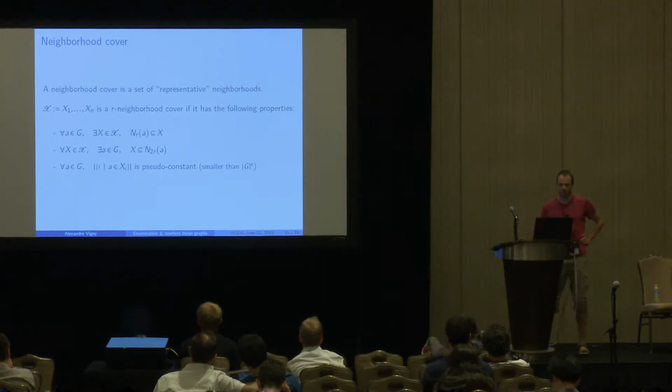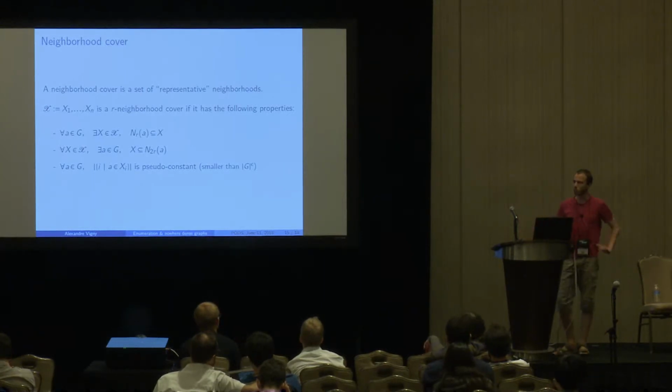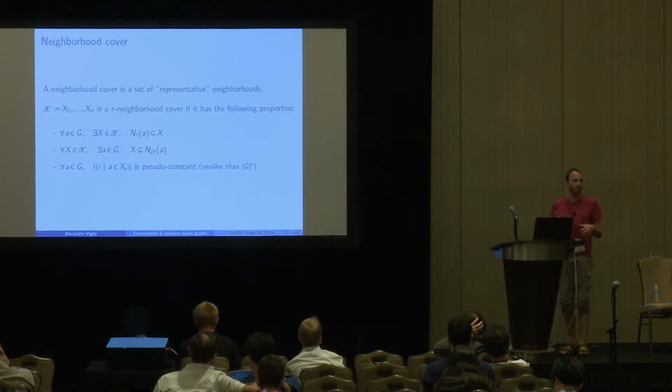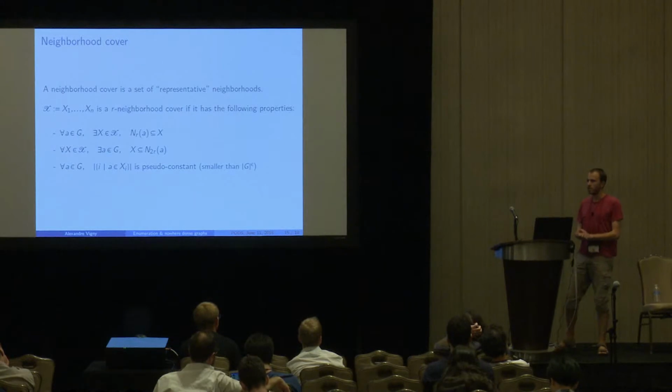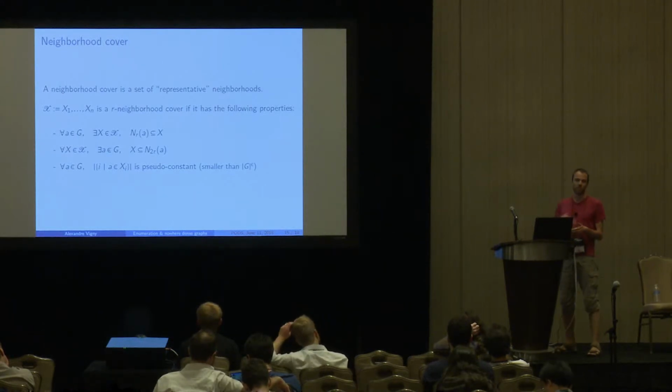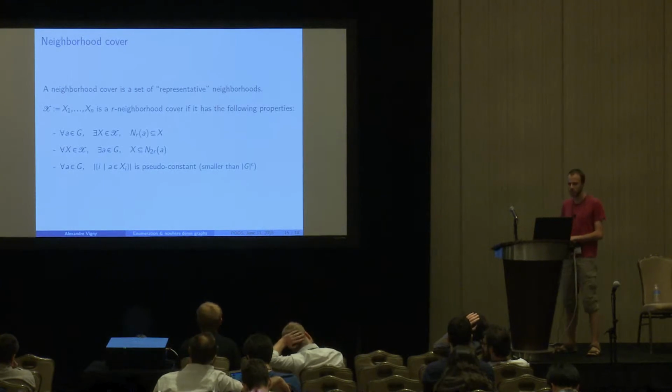So briefly, what is a neighborhood cover? We want to talk about neighborhoods because first-order queries are local in some sense. But we cannot study every possible neighborhood because a neighborhood might have a linear size and there's a linear number of nodes. So the sum of the sizes of each neighborhood is quadratic, and we want linear or pseudo-linear.